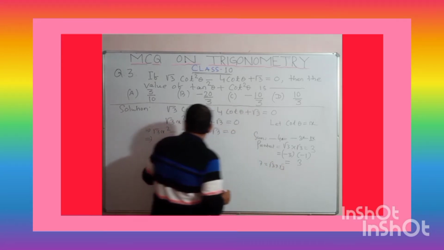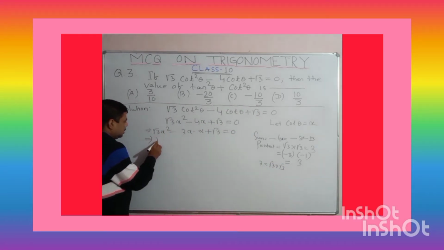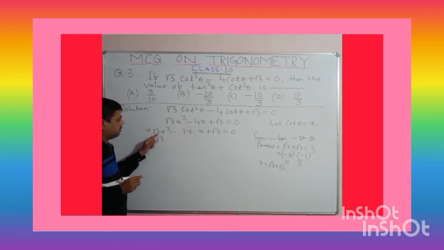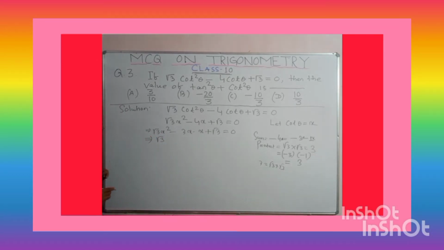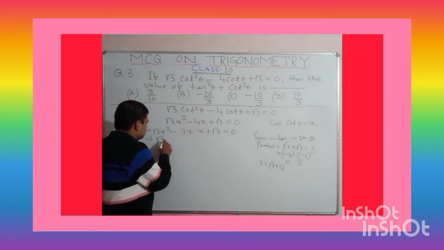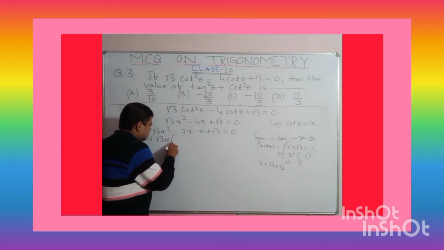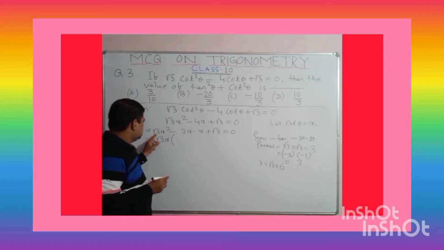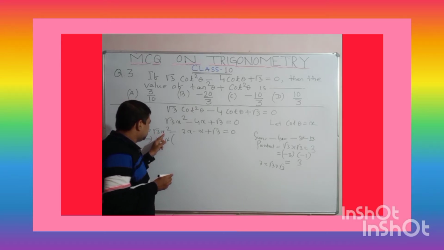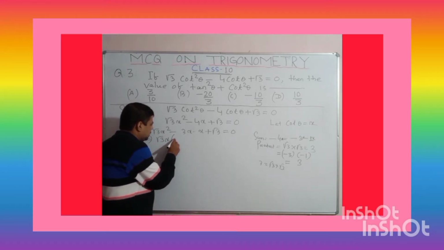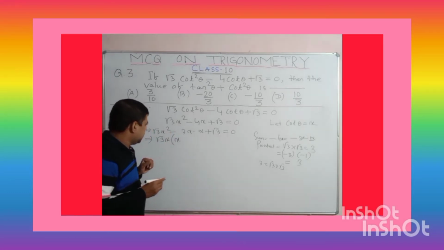So let us bring the common numerical coefficient root 3 from the first term and the second term. Here the variables will be x square and x. What is the common factor? x. So root 3 has been taken, and from x square, one x has been taken as a common factor, so the remaining factor will be x.